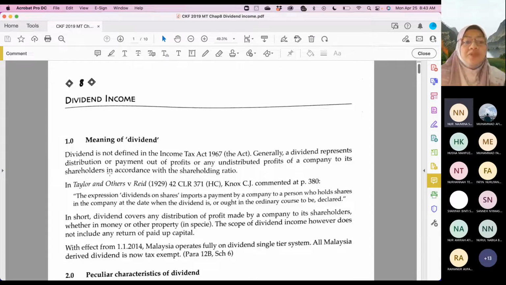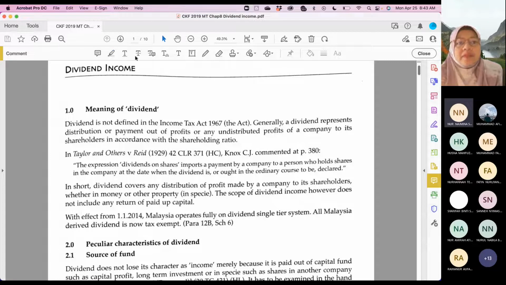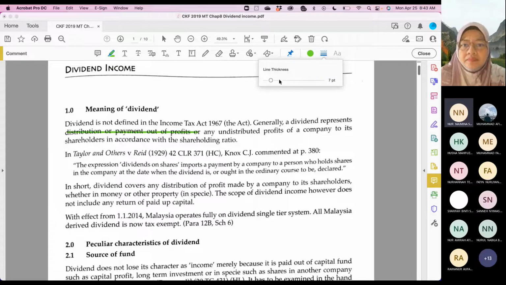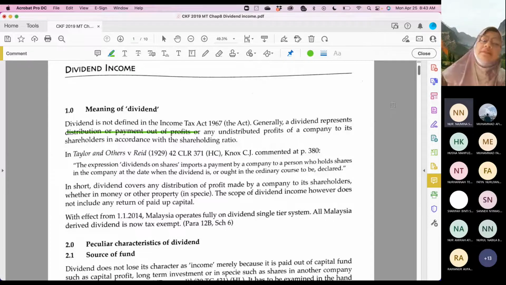All right. So dividend income here. Dividend itself is not defined in the Income Tax Act. So generally, dividend represents distribution or payment out of profits. When you have a dividend, it means that the company is paying an amount to the shareholders.